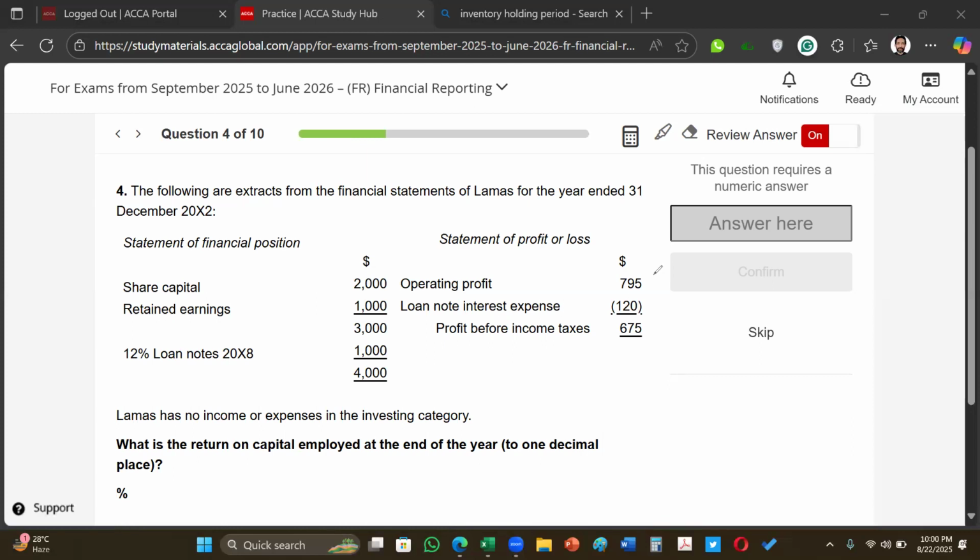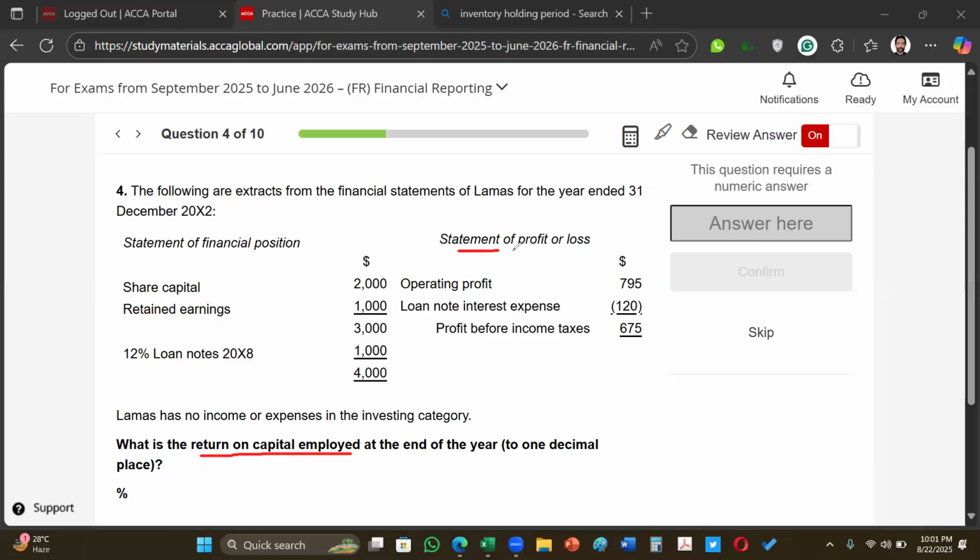Okay, so what is the ROCE, return on capital employed? We've already done a question related to that. So the formula is your operating profit divided by the capital employed. The capital employed is your equity plus your non-current liability. So let's see the information. The following are extracts from the financial statements of Lamas for the year ended 31st of December 20x2.